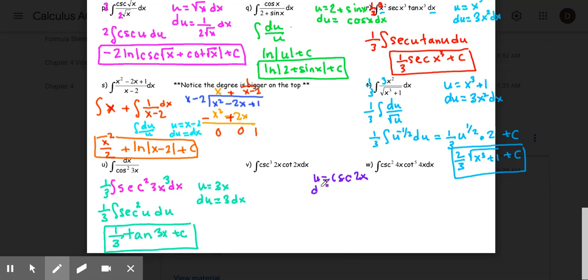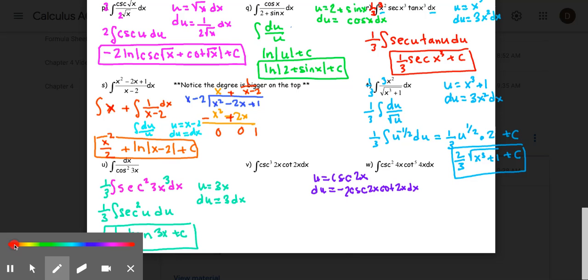Well, the derivative of cosecant is negative cosecant, keep your inside 2x, cotangent, keep the inside 2x, dx, times the derivative of the inside, which is times 2. Now, you're looking in here in the problem saying, did I pick the right u? Is everything in there? Well, look, cotangent 2x dx, that's here. You have enough cosecants.